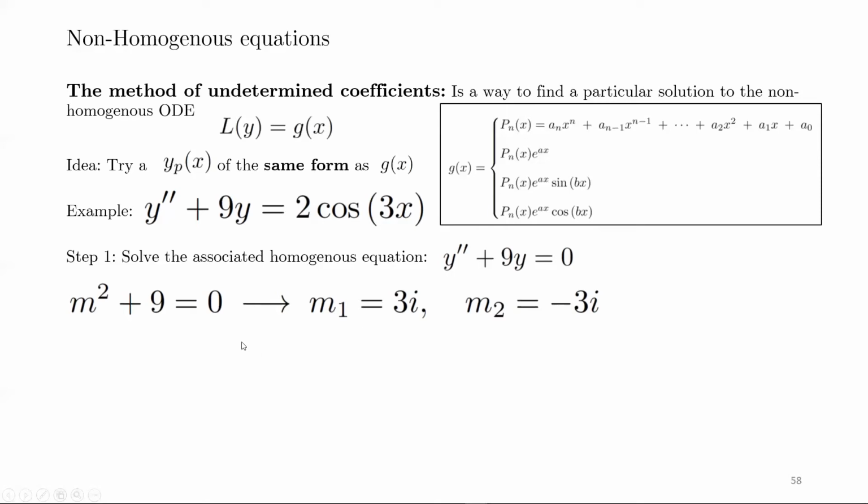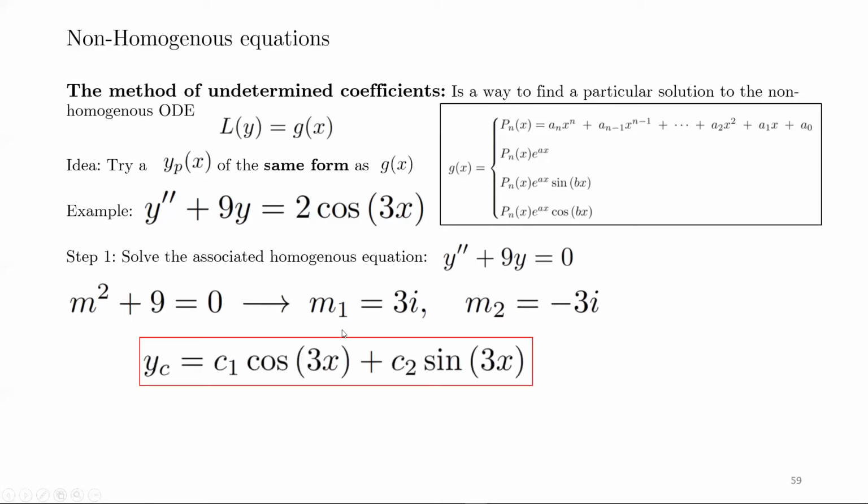Because I know my three cases by heart now, I can write the complementary function, or the solution to the homogeneous equation, as yc equals some constant c1 times cosine of 3x, plus some constant c2 times the sine of 3x. Again, not too hard to solve the associated homogeneous equation if you've memorized the three cases that we went through in lectures 13 and 14.